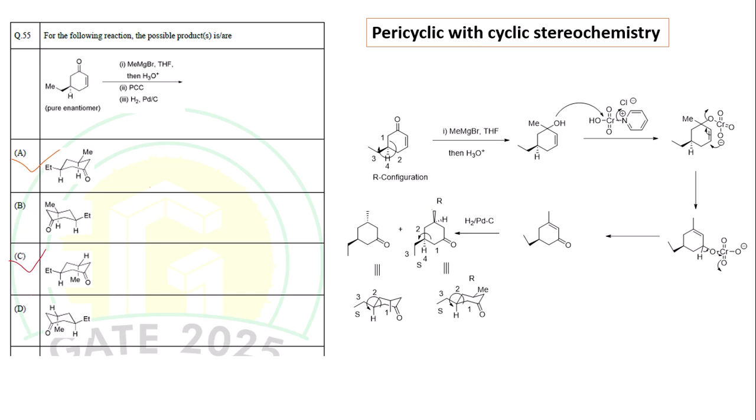Next is the pericyclic problem. Here the methyl magnesium halide is added to the carbonyl compound and produces the 1,2 addition product, and after this 1,2 addition product, the 3,3 sigmatropic shift reaction will occur here, and here the hydrogen atom is absent, so there is no driving force for the 3,3 sigmatropic shift.